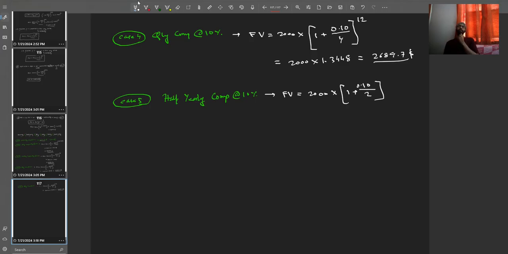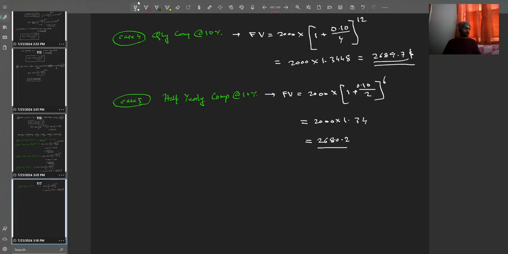And raised to the power 3 into 2, which is 6. So this is equal to 1.05 to the power 6. 2000 into 1.34. This is equal to 2680.2 approximately. So 2680 is obviously less than 2689, friends.